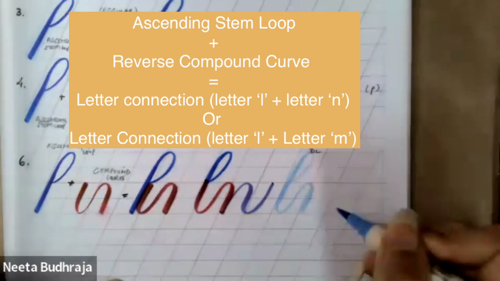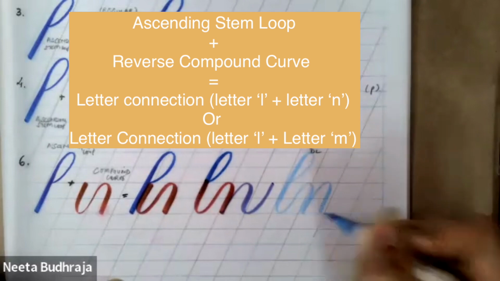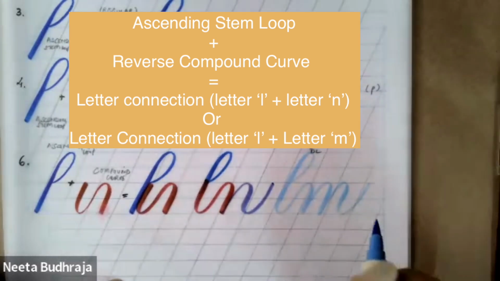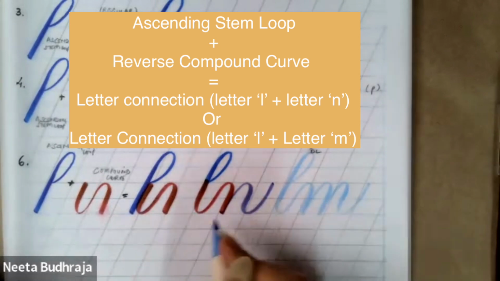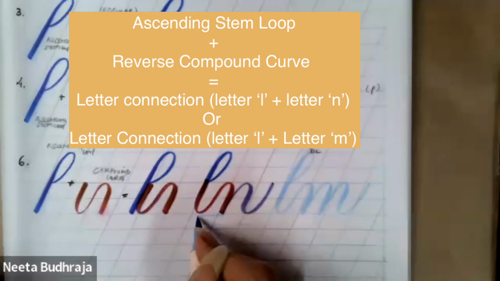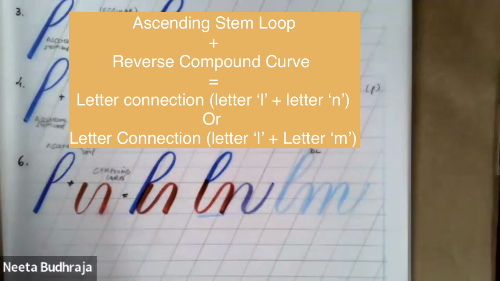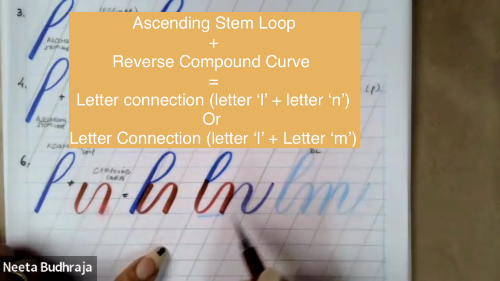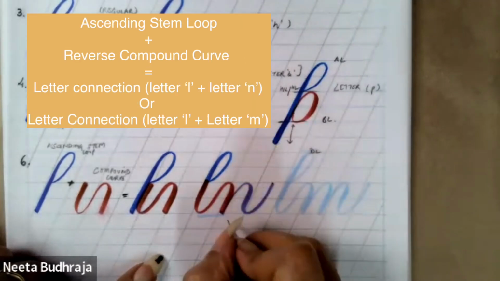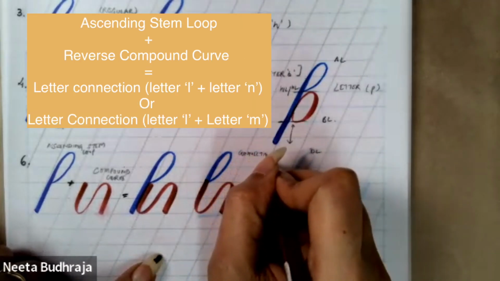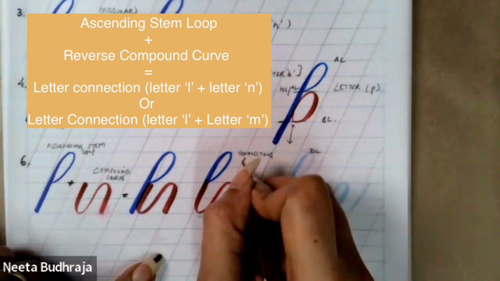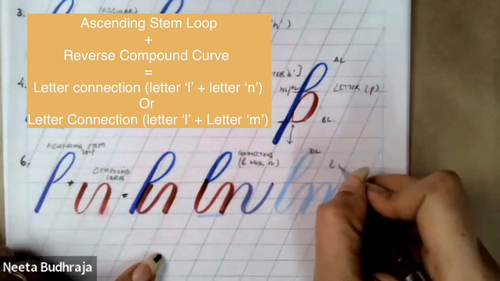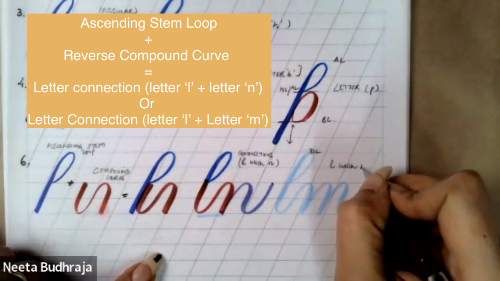And letter M. So this is how this particular stroke, reverse compound curve, is used in connecting the two letters together. So connecting L with N or L with M.